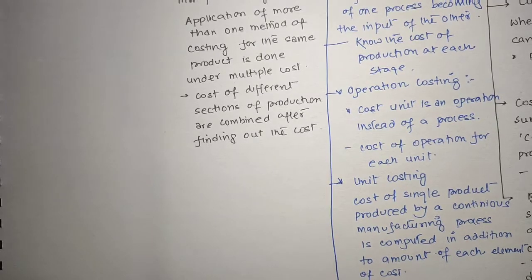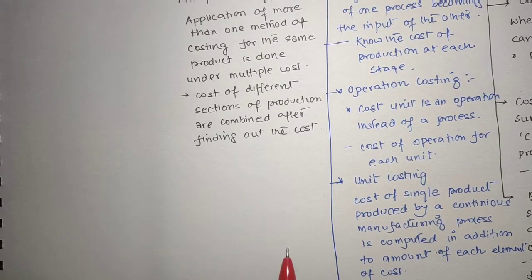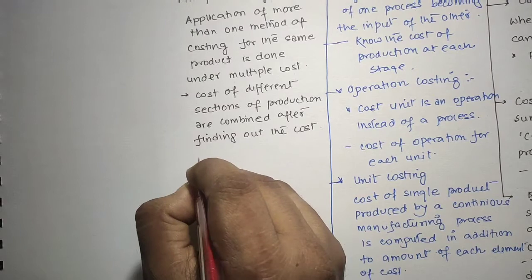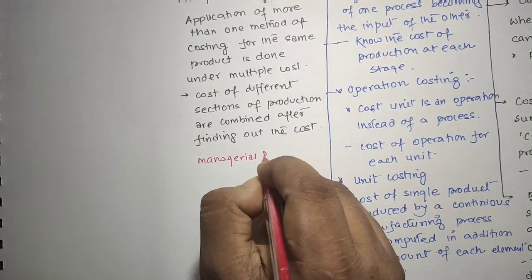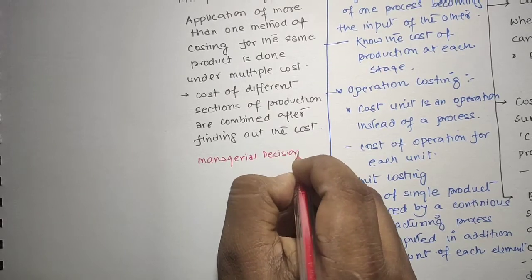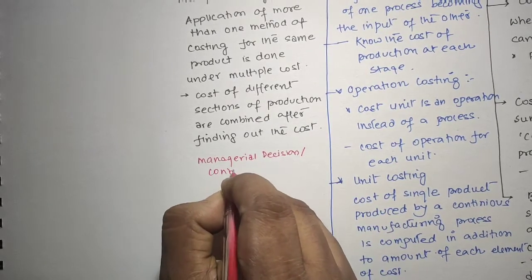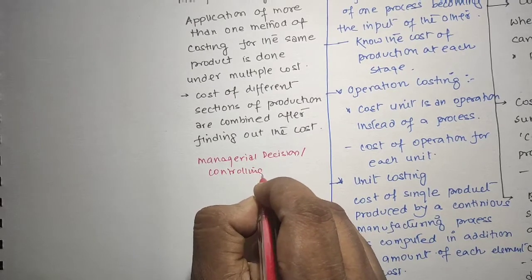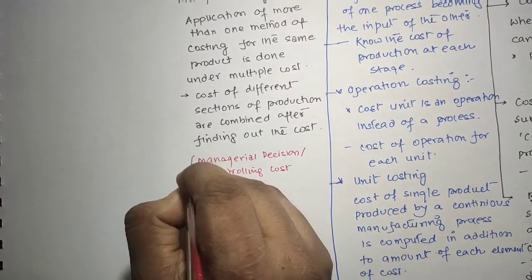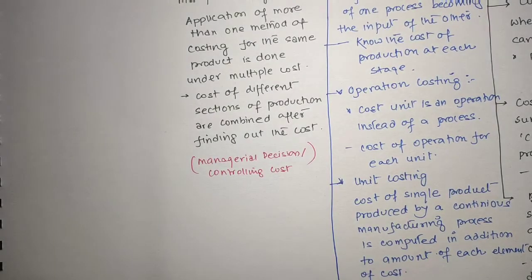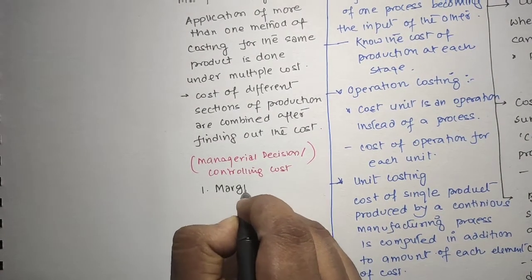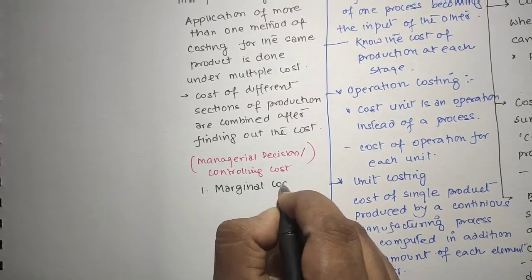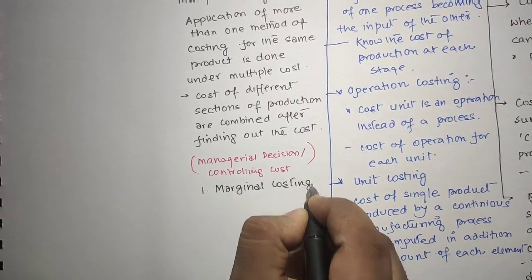Now we will discuss some costing techniques which help in managerial decision and controlling cost. Number one is marginal costing.